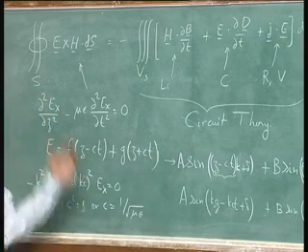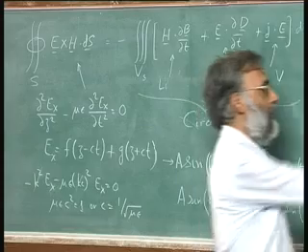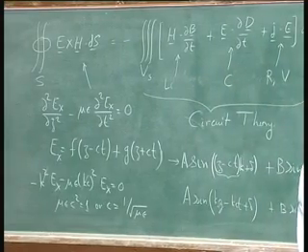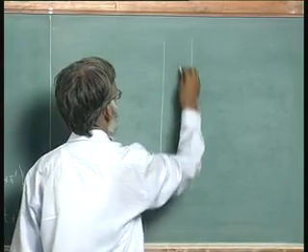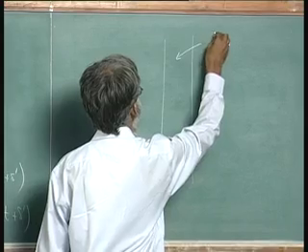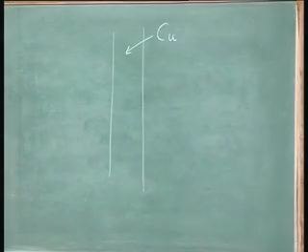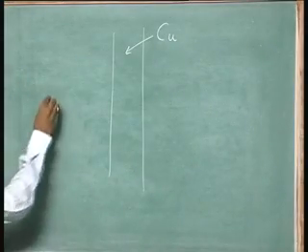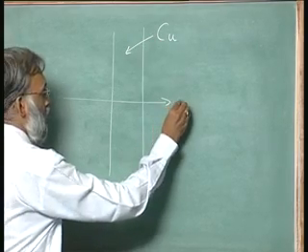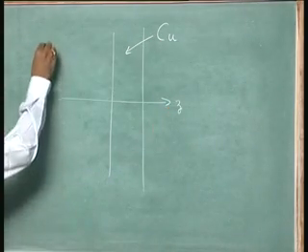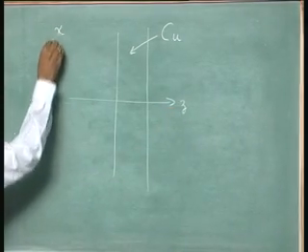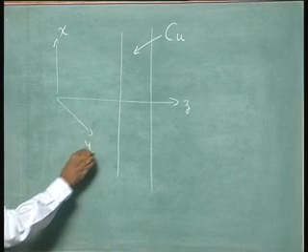Now, I am going to think of a particular problem. The particular problem I am going to think of is that I have a slab of copper, and that this is the z direction, this is the x direction, this is the y direction.